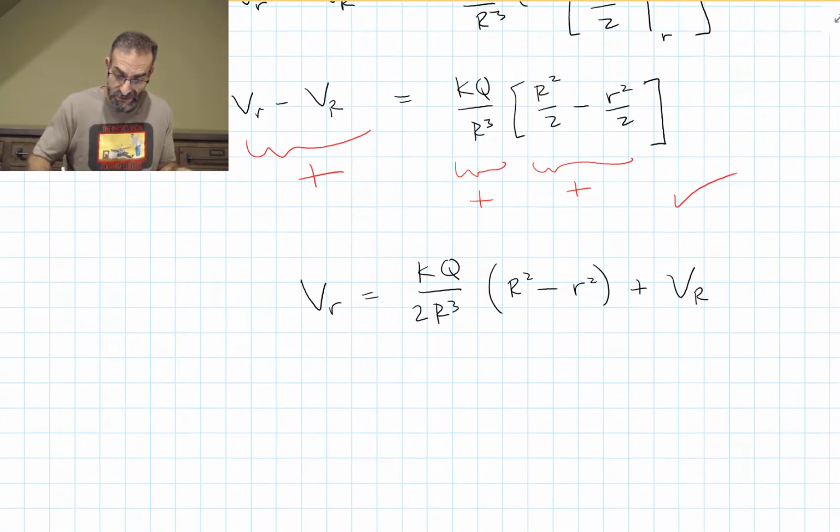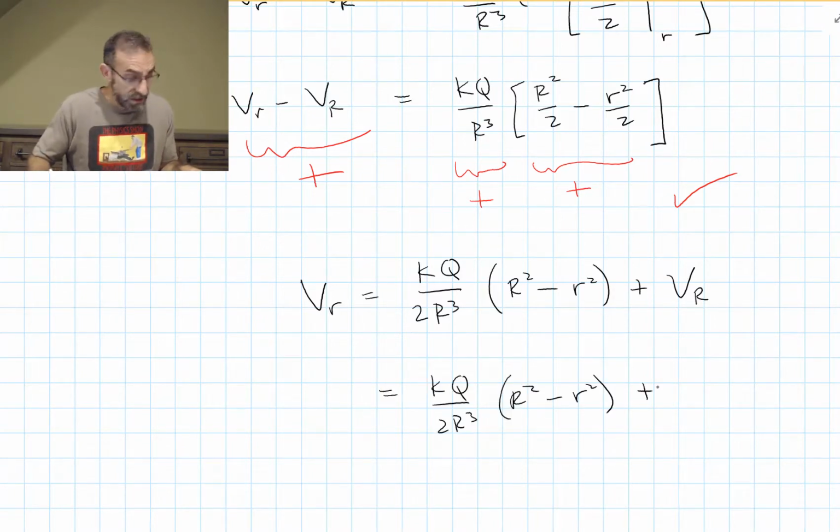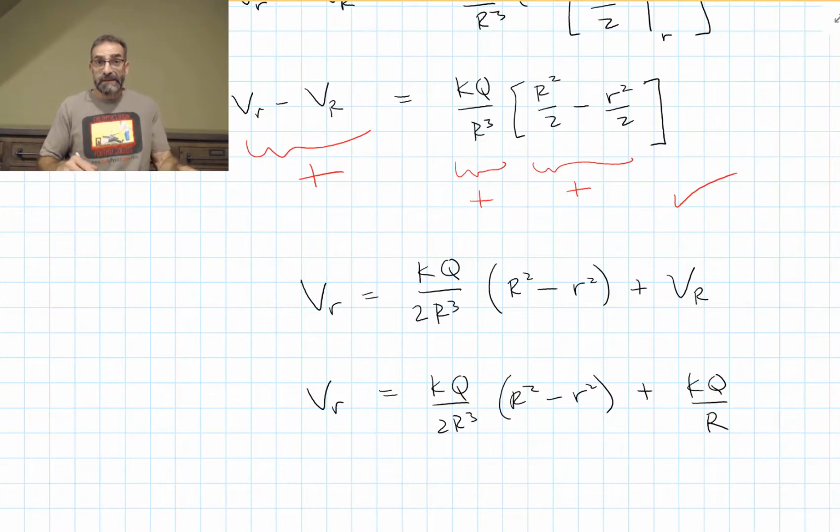And I know what that is. The V at the surface of my sphere is kq over capital R. So there's my potential anywhere inside of my spherical charge distribution.